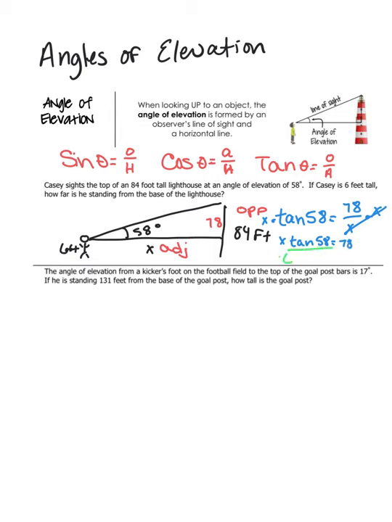Divide by the tangent of 58. So 78 divided by the tangent of 58, so x is equal to 48.7 feet. So Casey is 48.7 feet away from the lighthouse.